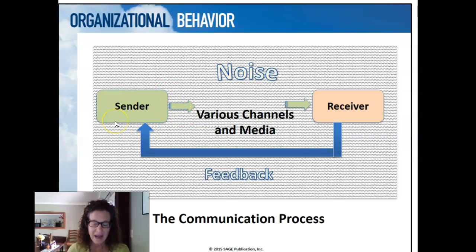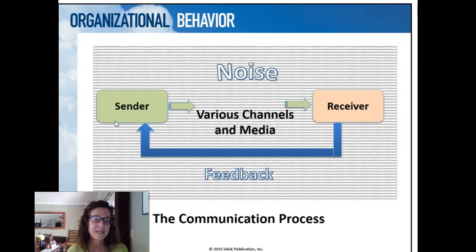The sender can encode the message poorly, maybe because the sender has poor communication skills or poor writing skills. Maybe the sender is intentionally distorting the message so as not to deliver bad news, because we tend to be critical of those people who deliver bad news, right? The expression shoot the messenger is because we do not like to receive bad news.